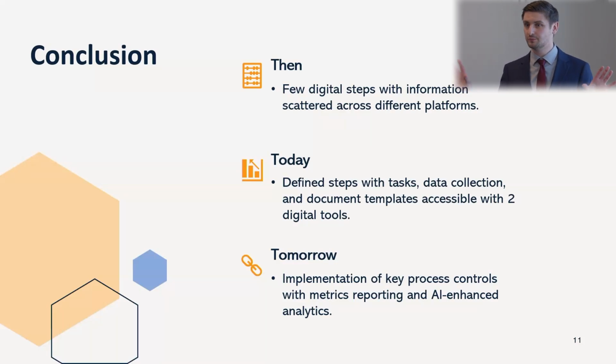So there are only two different places, one very specifically built for legal software, one very specifically built for office management. Tomorrow, implementation of key process controls with metrics reporting and AI-enhanced analytics. I got to do some fun little research as well about things coming down the road, so being able to continue working with Pathway to continually improve and transform the digital workflow.